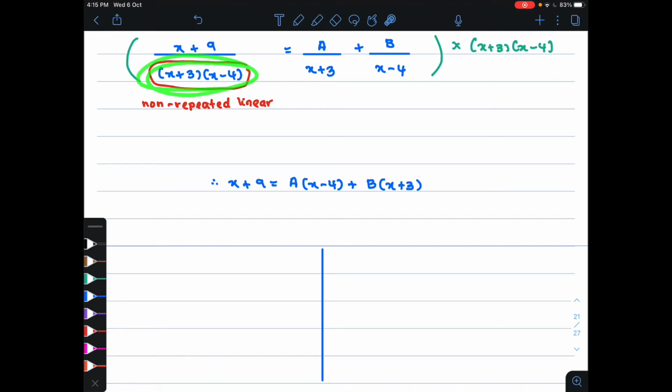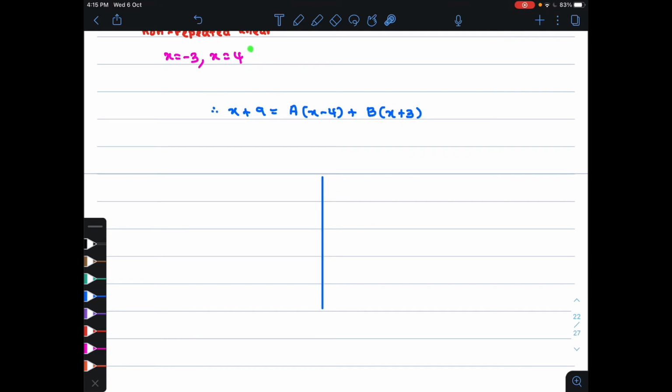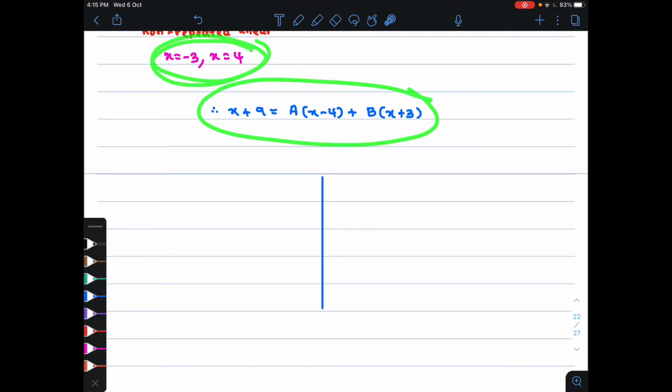So just let them equal to 0. This one will give you x equal to negative 3. And this one will give you x equal to 4. And we're going to substitute both values into our equation.